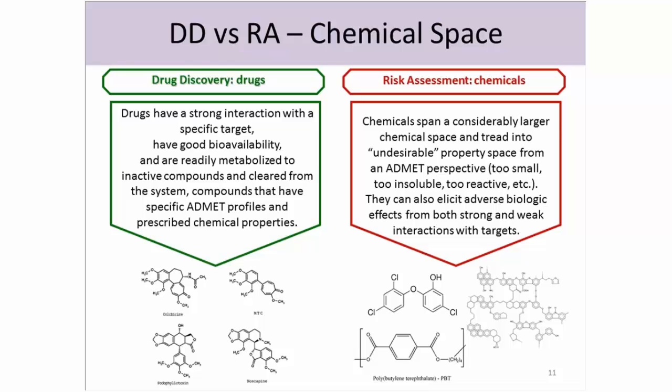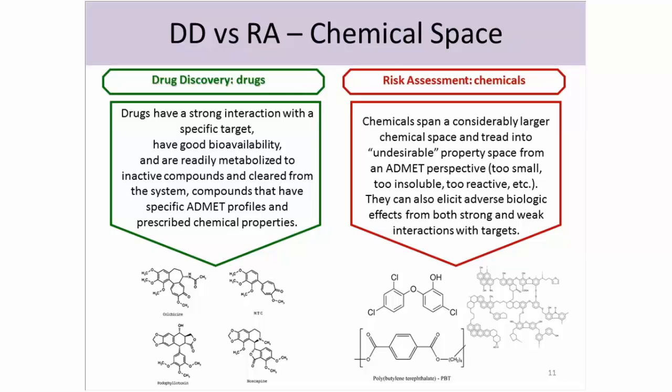So the chemical space of drugs is not huge. When we're talking about risk assessment, we are talking about the chemical space of everything, and it is huge. It can include really very different and various types of molecules. So the chemical space is different.